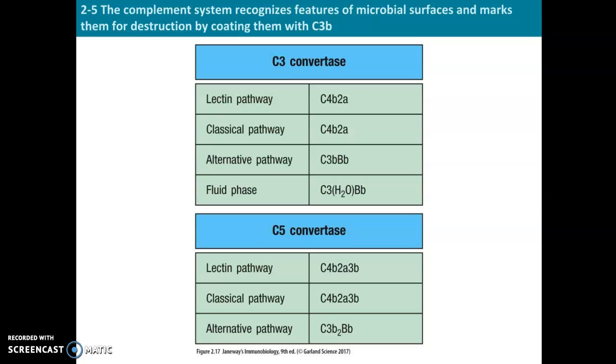Once you've got that C3 convertase, they only have to cut one more C3 to create the C4b2a3b or the C3bBb3b. So if you've got two C3bs and a Bb, then that'll be a C5 convertase. And if you've got a C4b2a3b, then that will also be a C5 convertase.